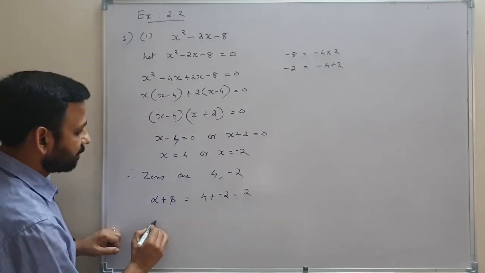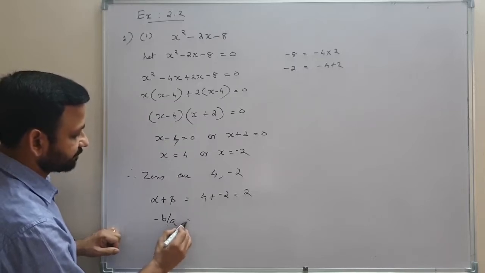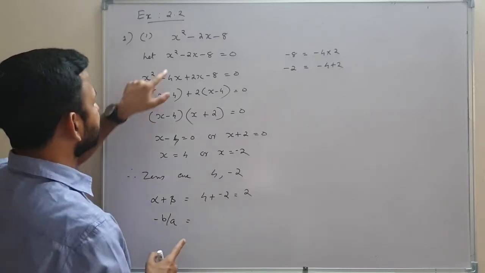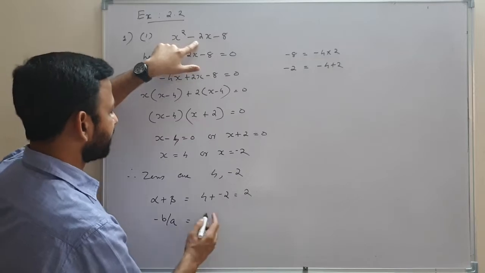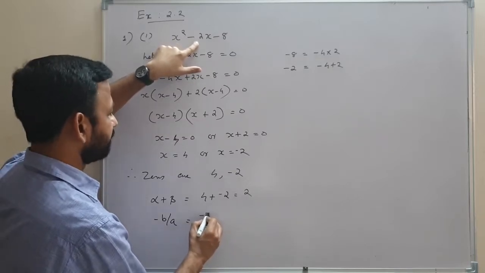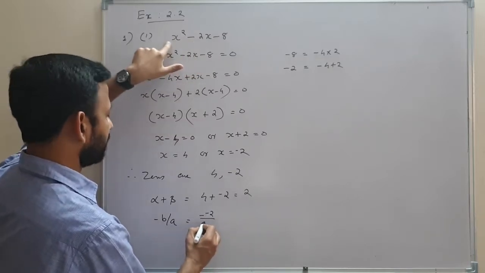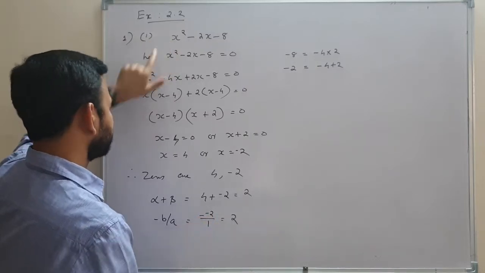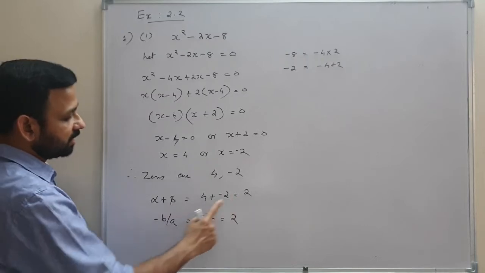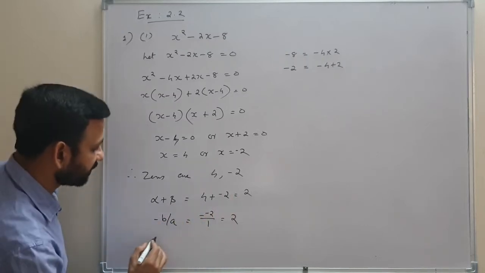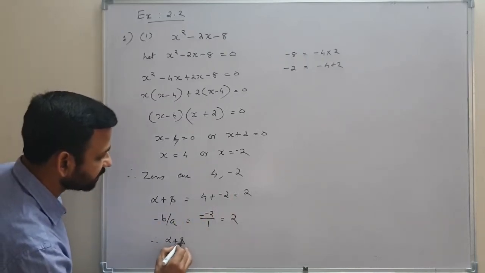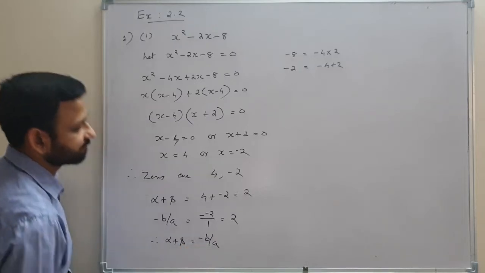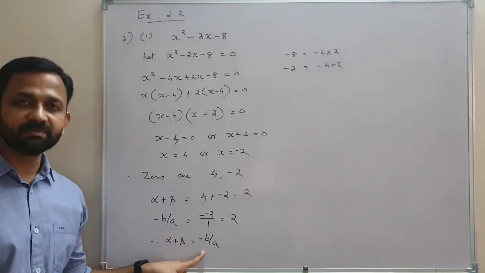Then minus b by a, for this polynomial. Minus b by a, that is minus b, minus of minus 2, upon a, 1. So minus into minus plus 2 upon 1, that is 2. So here alpha plus beta is 2, minus b by a is 2. So we can write alpha plus beta is equal to minus b by a.